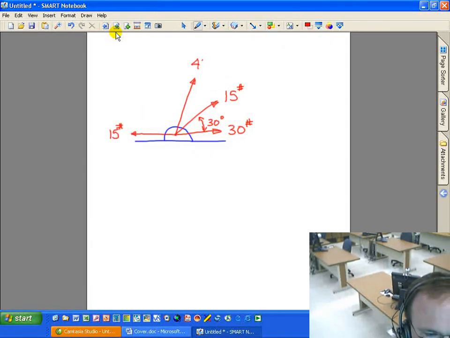We have 40 pounds pulling up at an angle of, this is 45 degrees.